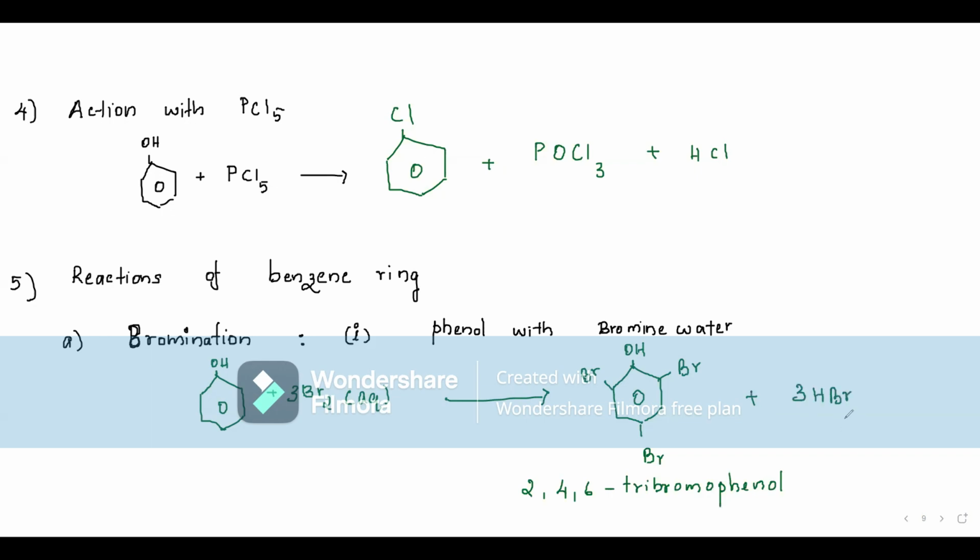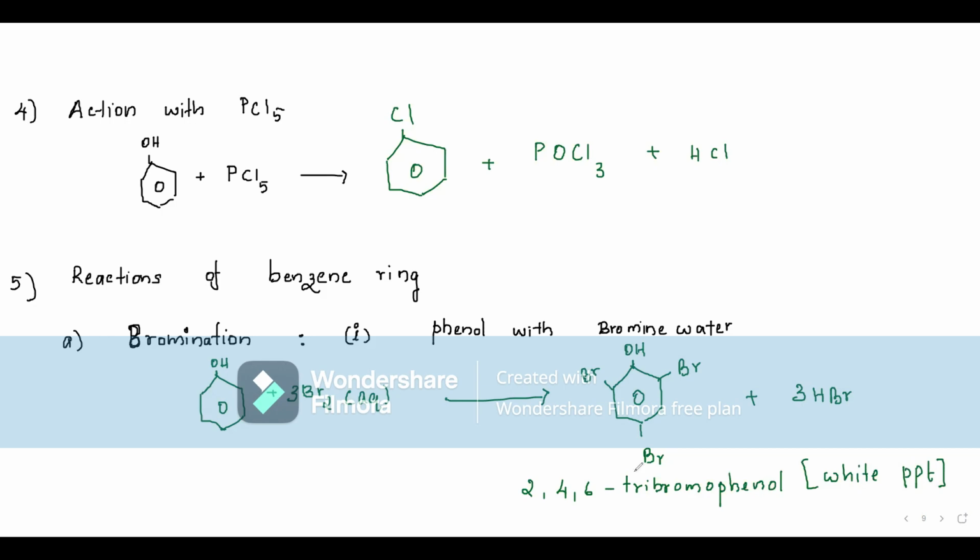In ISC, the byproduct is very important. 2,4,6-tribromophenol appears as a white compound; it's a white precipitate.